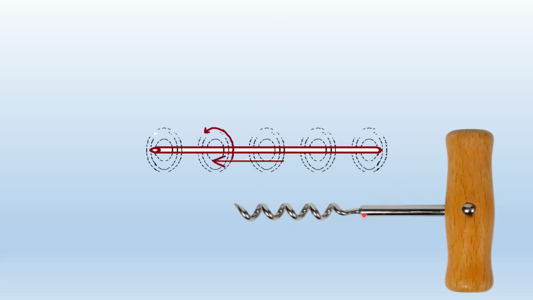The direction of the corkscrew moving could be the current, and the direction of turning in order to advance it is the direction of the magnetic field spinning or rotating.